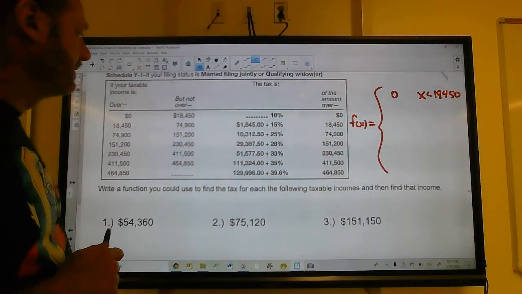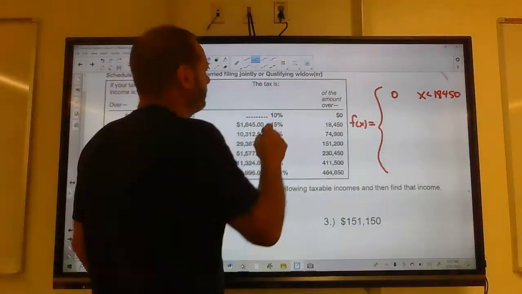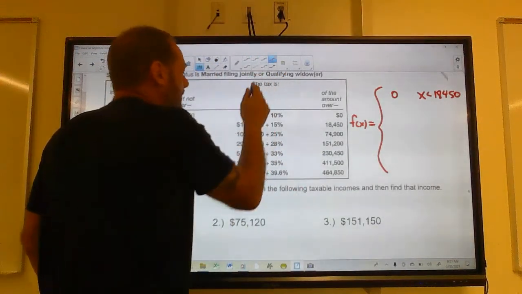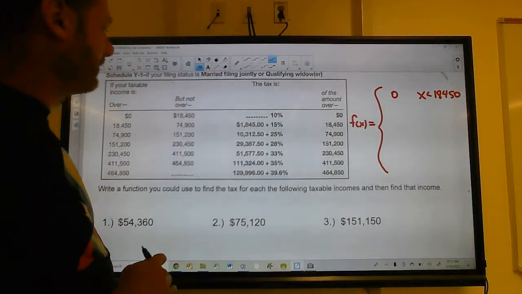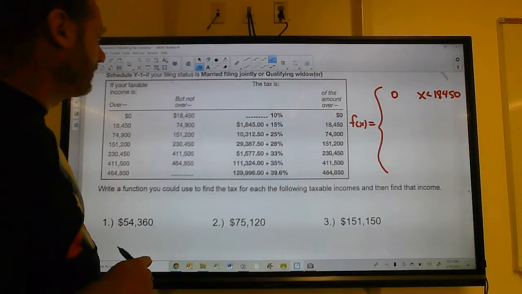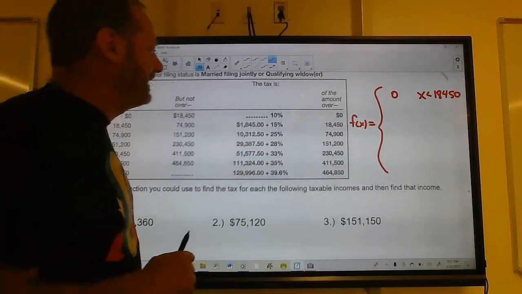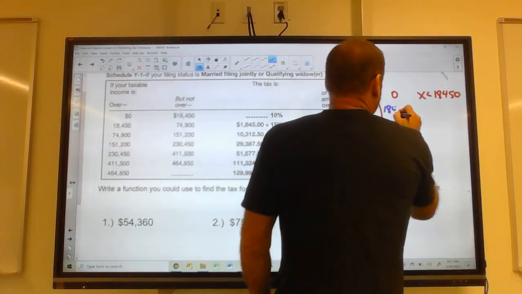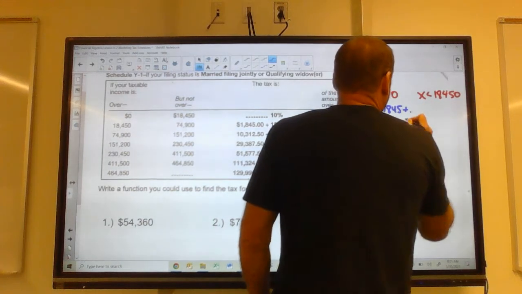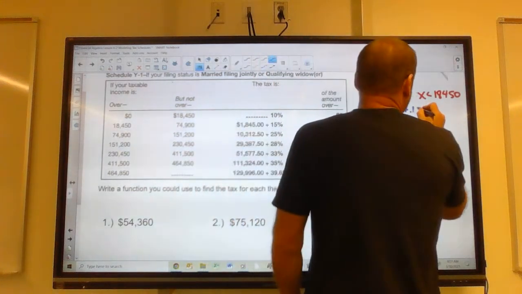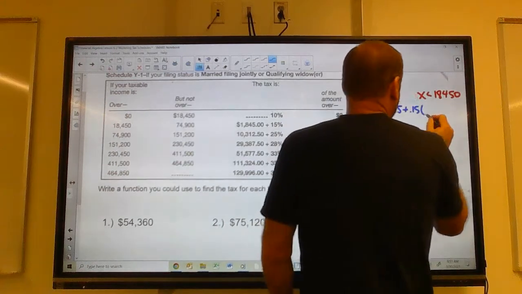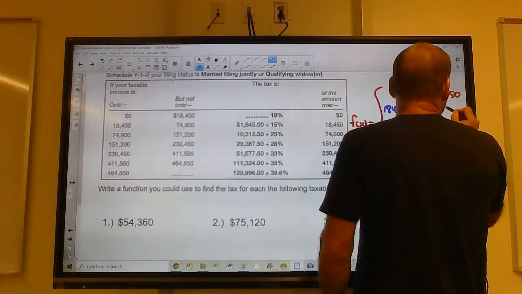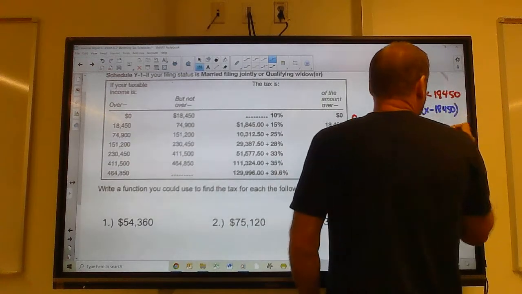Okay. Now here's where it gets a little tricky. And I don't know if I got enough room to write this over here, but we'll see. All right, so the next tax is going to be $1,845 plus 0.15 times (x minus $18,450).